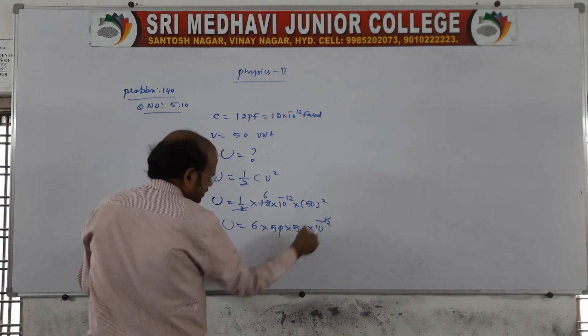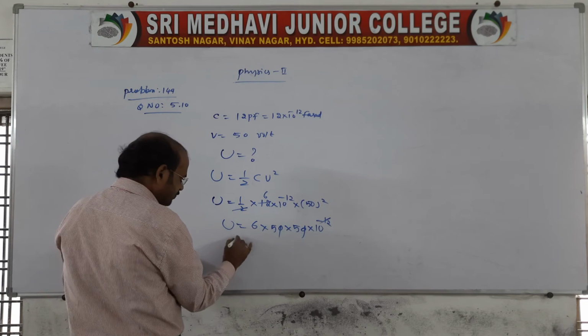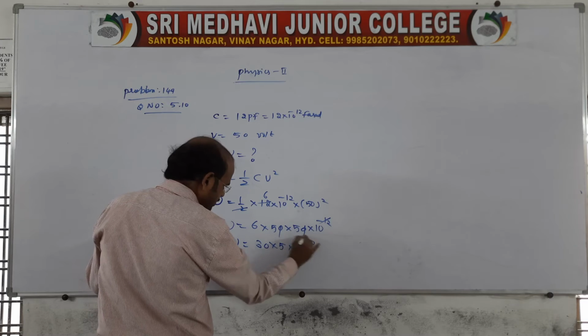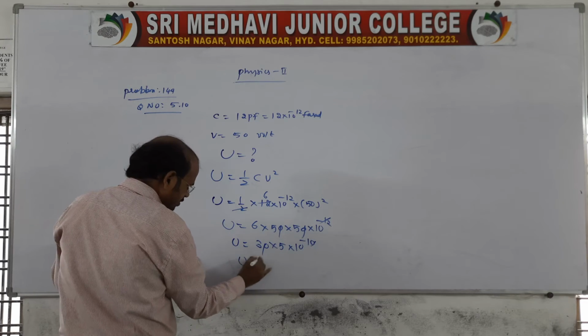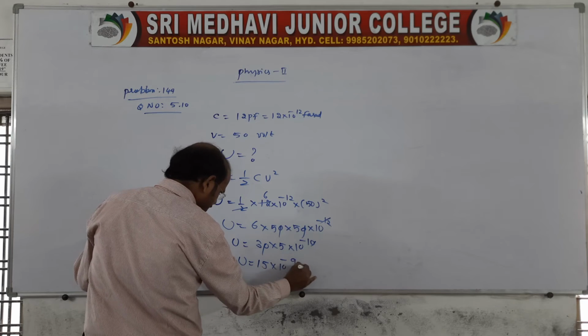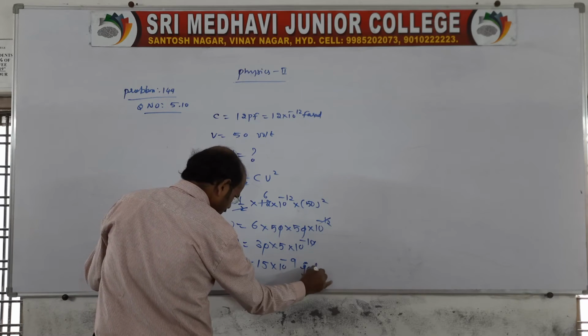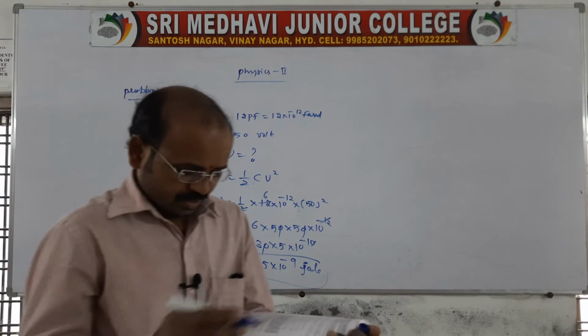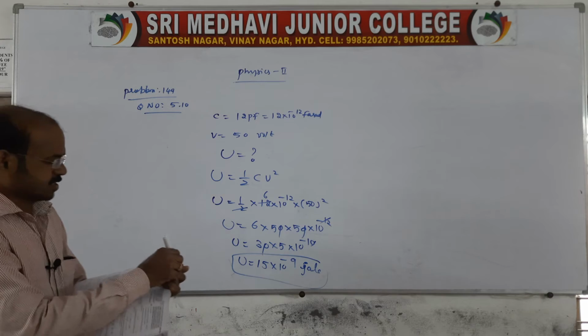Better you cancel. 6 fives are 30, there is also one 0, so cancel one more. U is equal to 3 into 5, 15 into 10 power minus 9 joules. So this will be the answer.